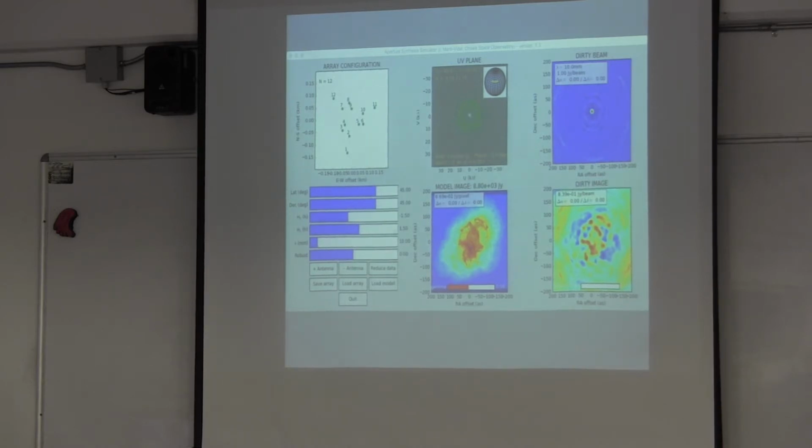This is not ALMA. It's a fake array. It's an imaginary array in your computer. So each one of these dots is an antenna, and with the mouse you can just grab them and move them around to see what happens.